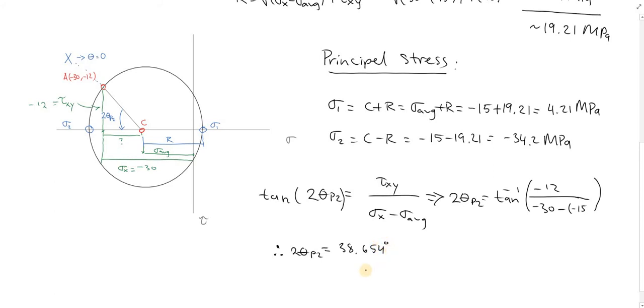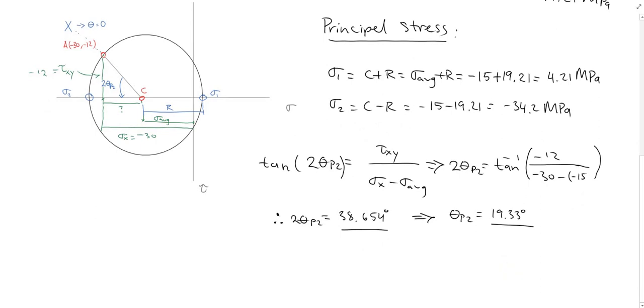degrees. And if I want to draw that into my element, because in the element we just need the angle by itself, right? We just divide it by 2. 19.33 degrees. So in our Mohr circle, this angle here is 38.654 degrees. But when we look at the element, we want the 19.33.